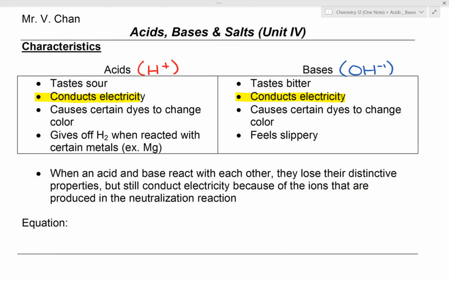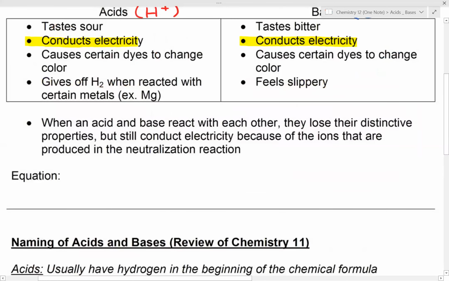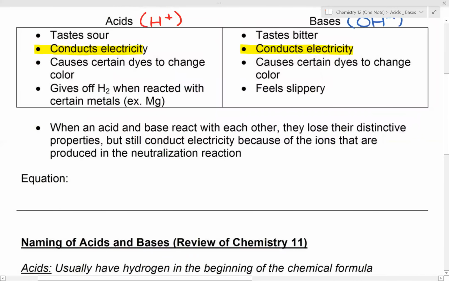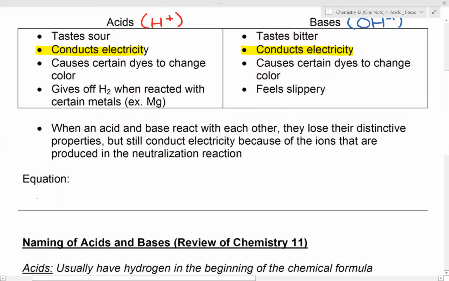Now, when an acid and base react together, they lose these characteristics, but they still conduct electricity because of the ions produced in the neutralization reaction. Let me give you a typical example. Remember back in Chem 11, your Science 10, you would have HCl and NaOH.